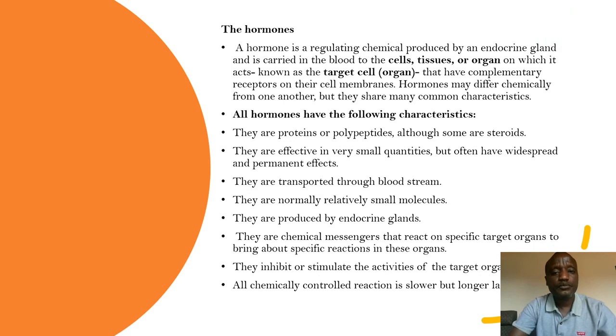Now, let us also try to understand what hormones are. This is very simple to understand. A hormone is a regulating chemical produced by an endocrine gland and carried in blood to the cells, tissues or organ on which it acts, known as the target cell.